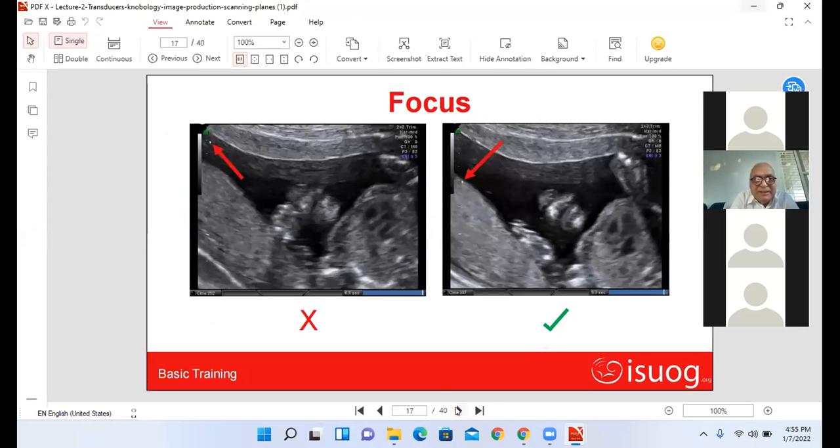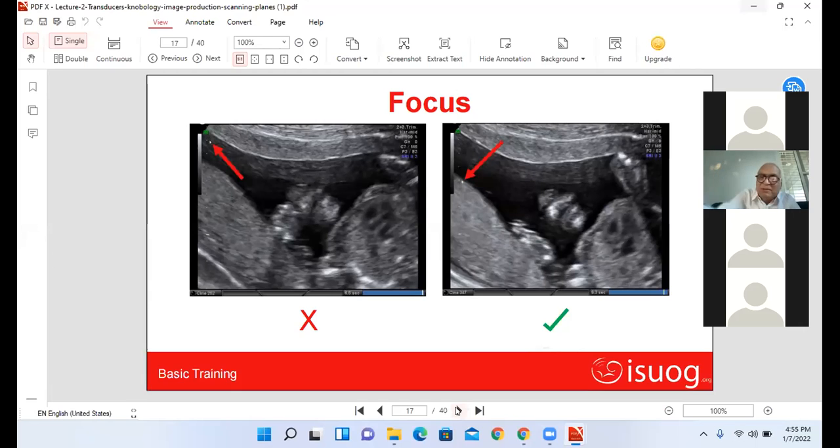Next slide, please. Focus. Yeah, this is focus. As we can see here, when we have put the focus on the left side, the focus is quite up. Here we are seeing the upper lip and nostrils of the fetus. And see, when we bring the focus down, compare both the images, how clear the right one is and how distorted the left one looks. So use focus.